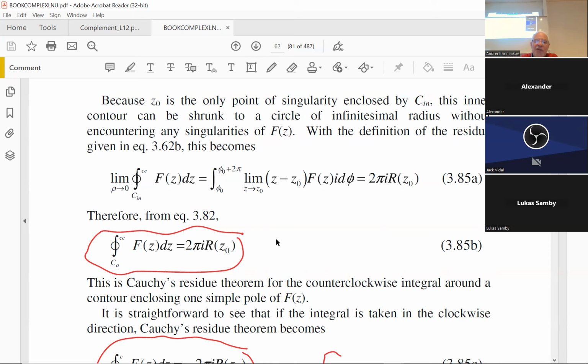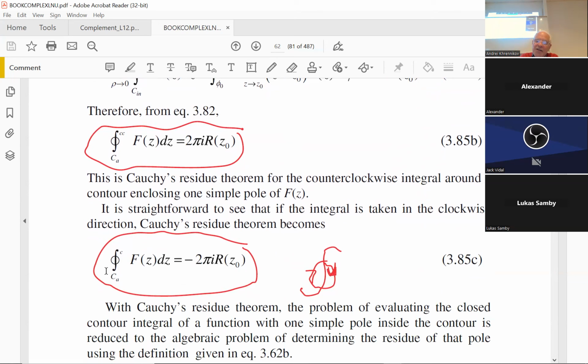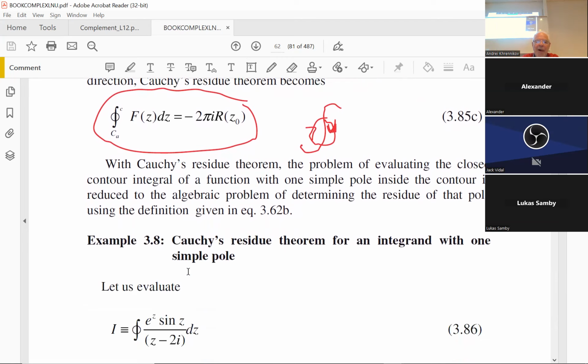So if the function has just one pole, at the point 0, this formula. If you go in the other direction, clockwise, it is minus. So you should automatically understand, because maybe in some problem I will write the contour not counterclockwise but clockwise. Then you cannot use this formula with plus. Then you should use this formula with minus. So it is important to understand.